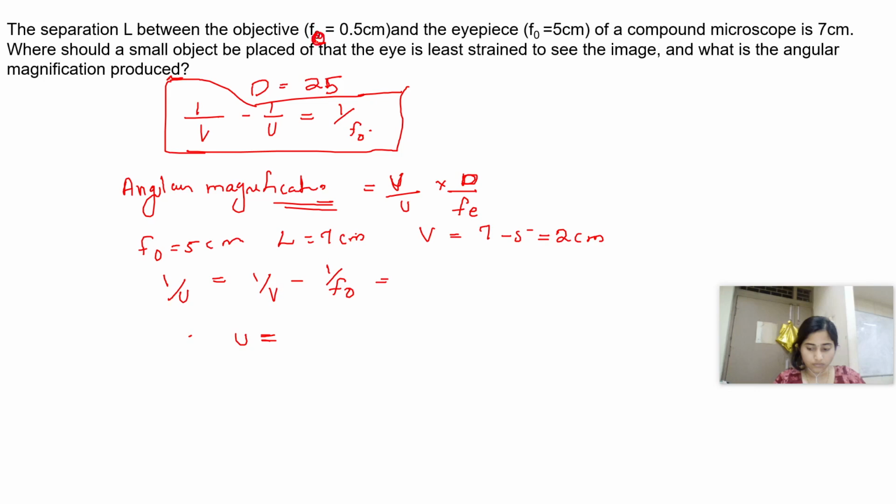Here this is F only, but focal length is generally represented as f. That's why it is written objective focal length is 0.5 and eyepiece focal length is 5. But we can represent it separately. F naught will be 0.5 and FE will be 5.